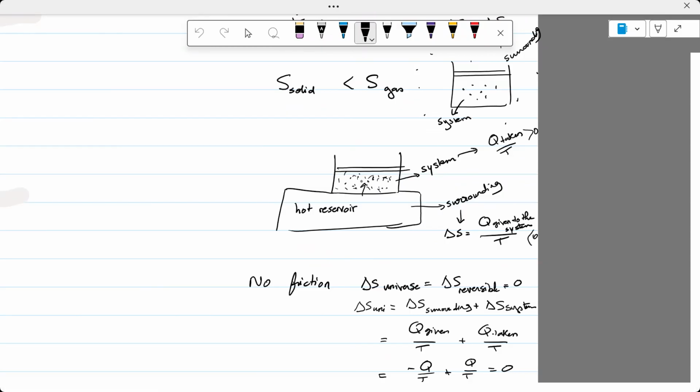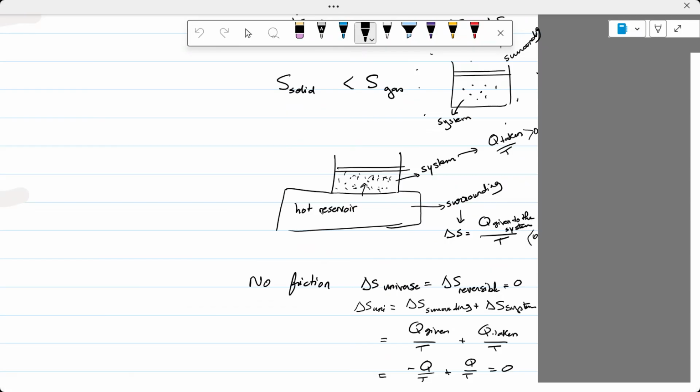We discussed previously different types of systems according to their interaction with the surrounding, right? We said we have a closed system, an isolated system, and an open system. What's the case we have here with the hot reservoir? It's an open system. No, it's not. With a hot reservoir it's only closed, because there's only energy transfer. Exactly, no mass transfer.